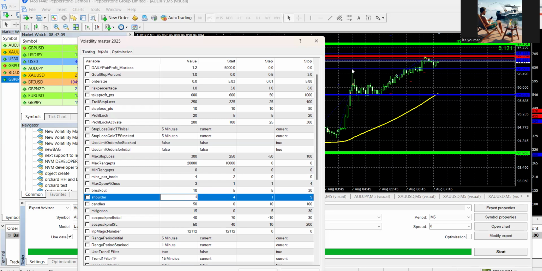So obviously, we look at this as a peak here, but for the software to register that as a peak and potentially form part of the range, it needs to have 4 candles on either side of it that are lower than it. So, 1, 2, 3, 4 candles are lower than it. And on this side, obviously, 4 candles lower than it as well. So that's what that means. It needs 4 candles on each side, each shoulder, for that to register it as a peak.